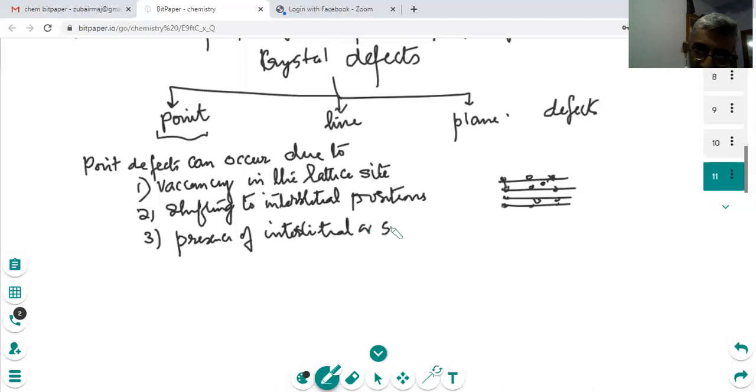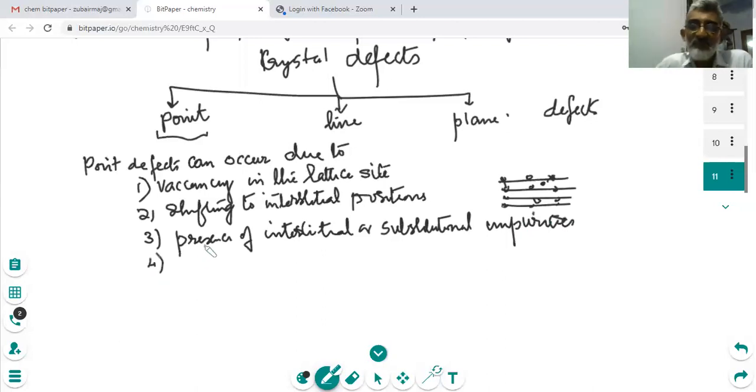And the fourth one is the presence of impurity coming from outside, or it can be deliberately put into the crystal to change the properties.